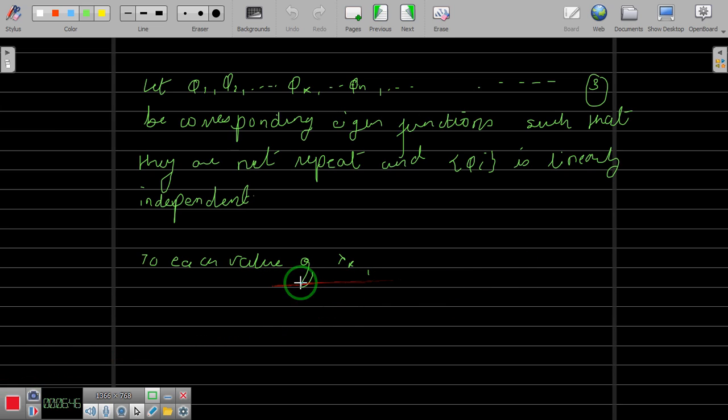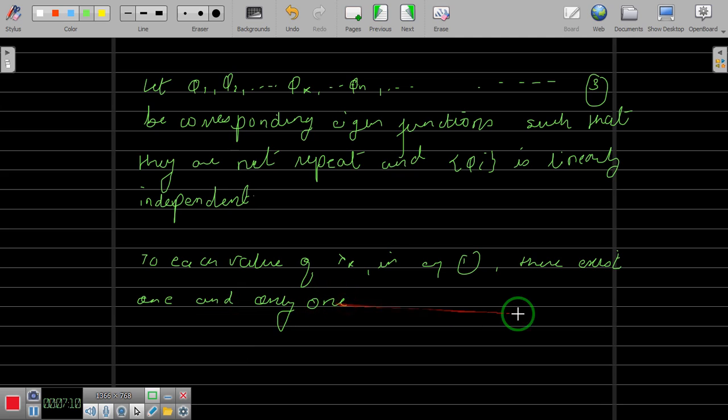So to each value of lambda k in this equation 1, there exists one and only one phi k in this equation 3.